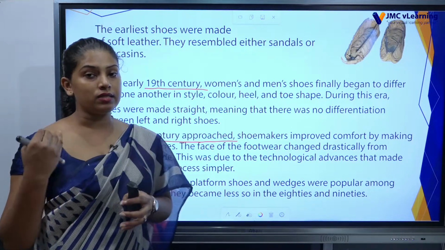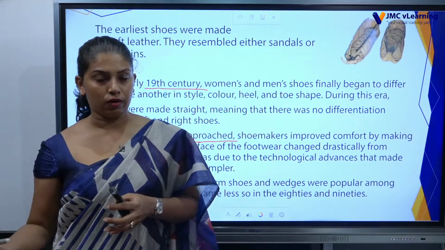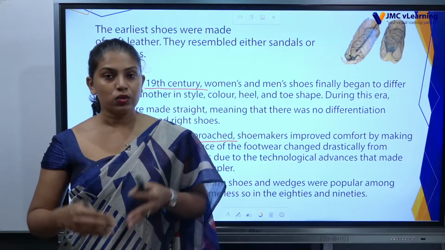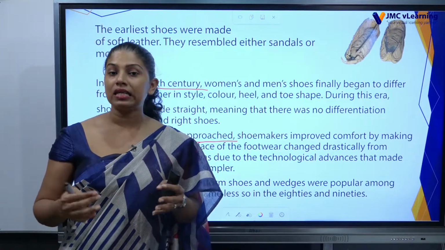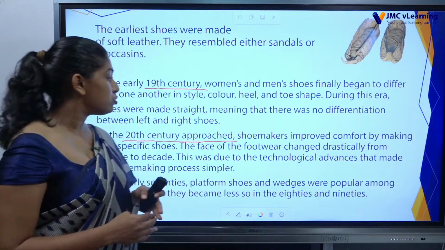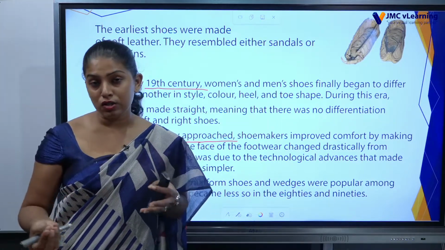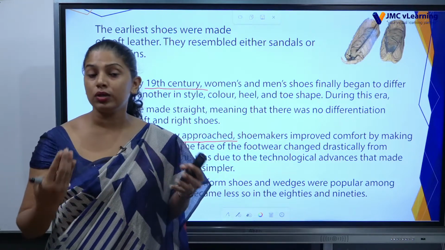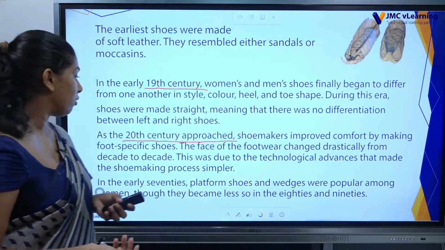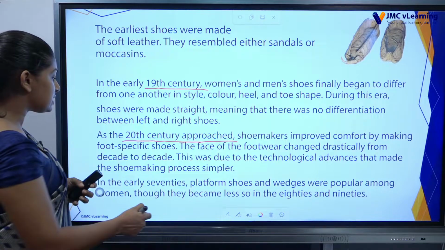I said that it became an industry later on. Now it's an industry. So when the industry is there, there is competition. So people made not only simple shoes, advanced shoes, something different to the earlier things which they had already made.